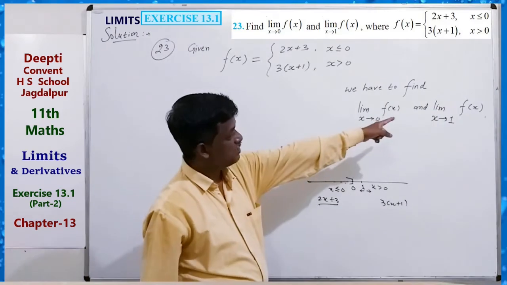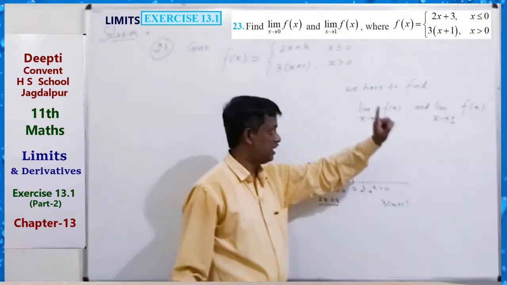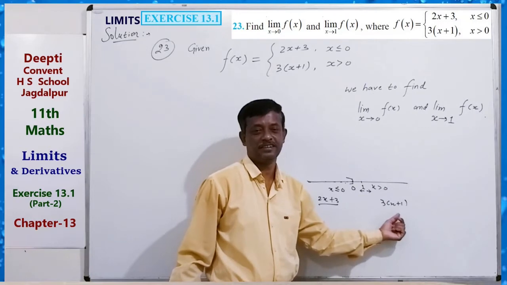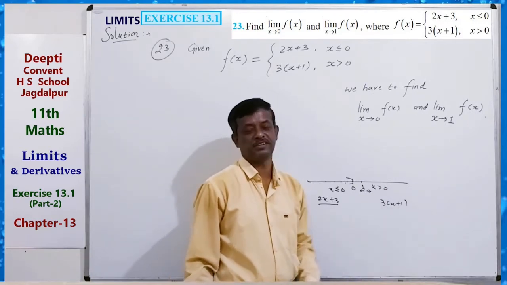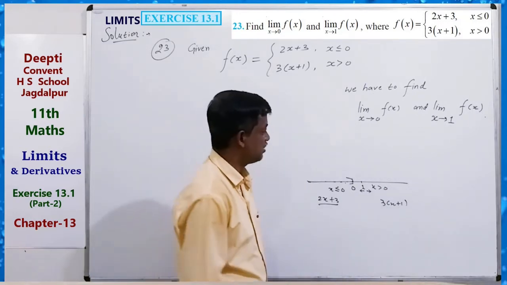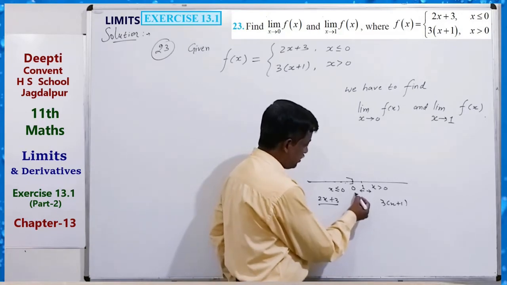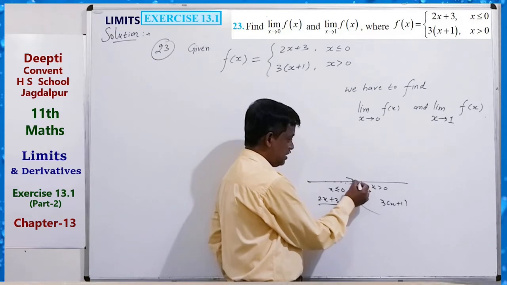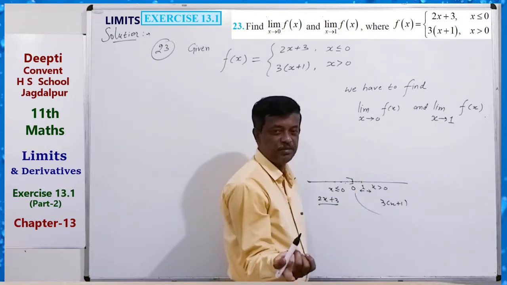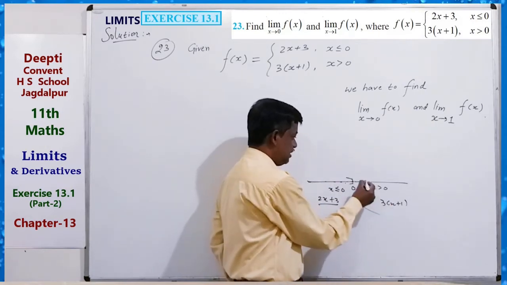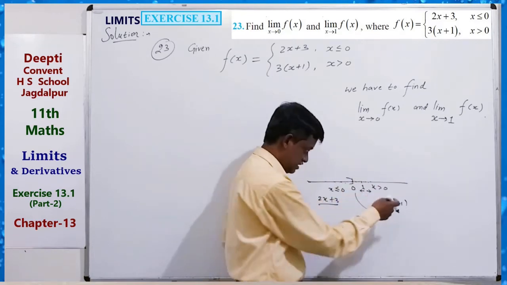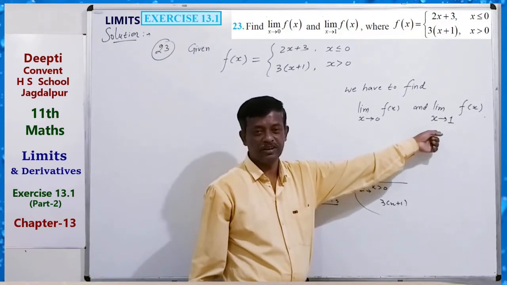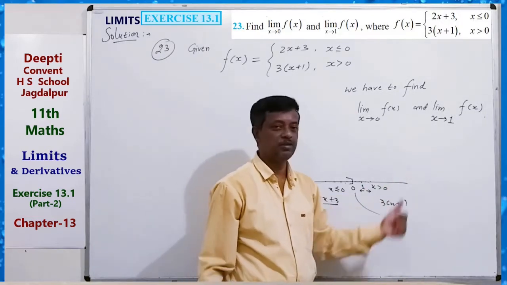So for the left hand limit at x equal to 1 and the right hand limit at x equal to 1, we can use the same function for finding the value, because 1 is here, and here also the value of the function is this. So for the left hand limit and right hand limit for x equal to 1, we will use this function only.